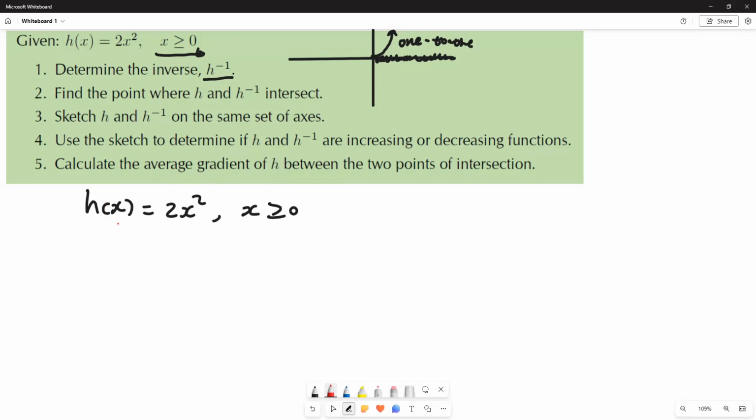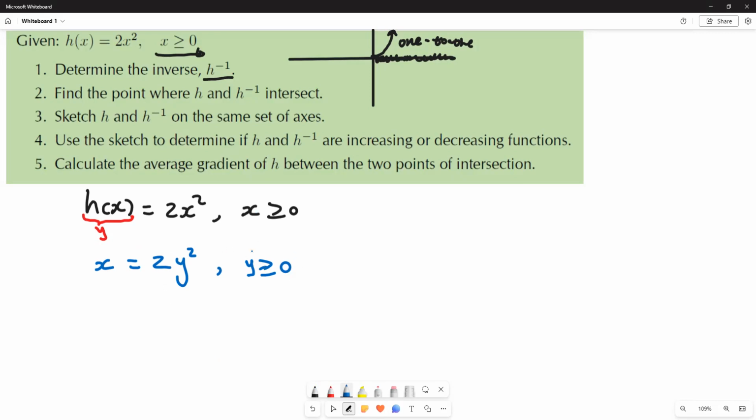Where there's x, you put y. Where there's y, you put x. And remember, h of x just means y. So I'm going to start switching now. Where there was y, I put x equals 2y squared. Then this switches as well, for y is bigger than or equal to 0. So the inverse will always be positive as well.